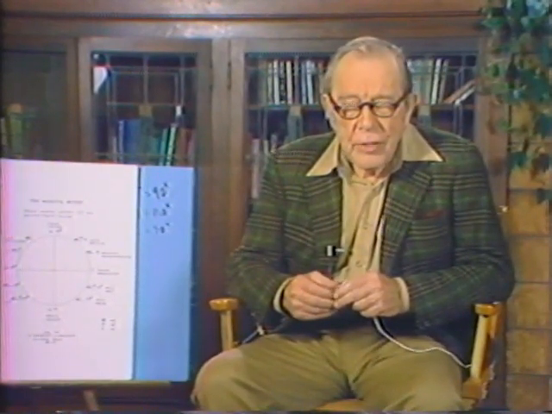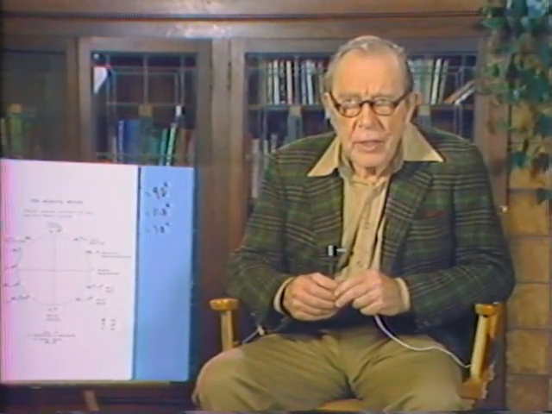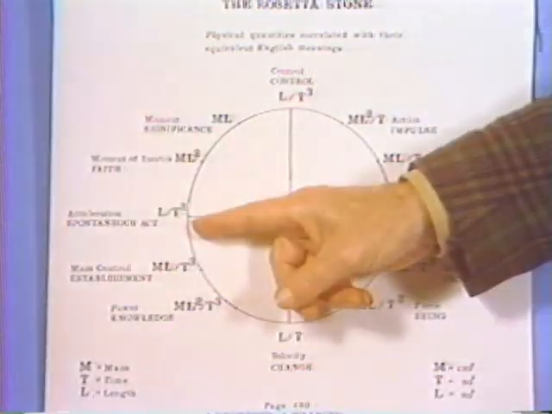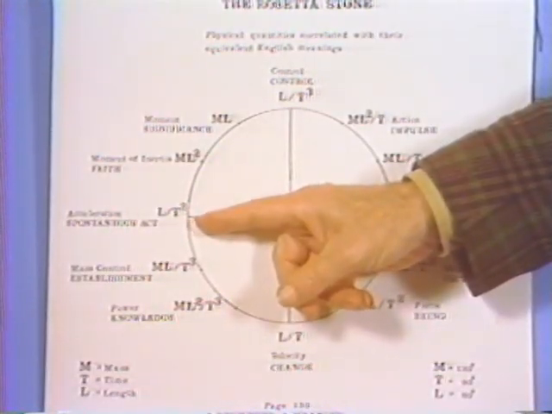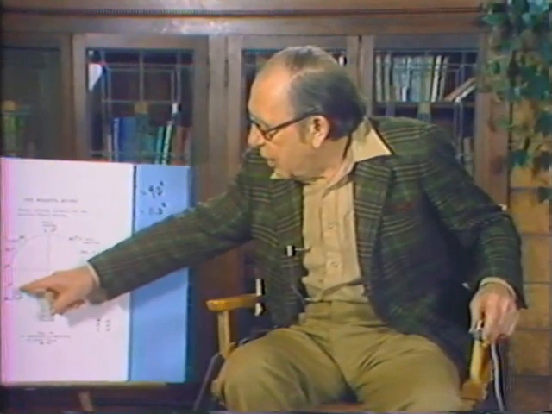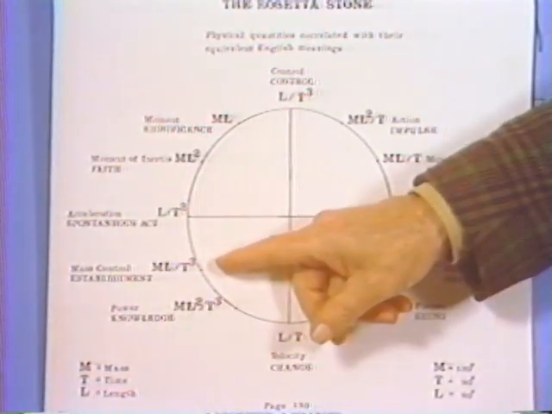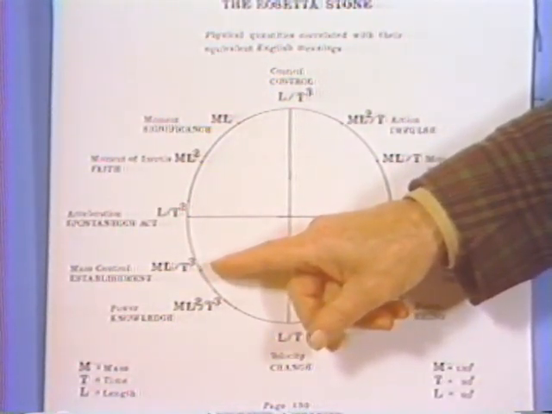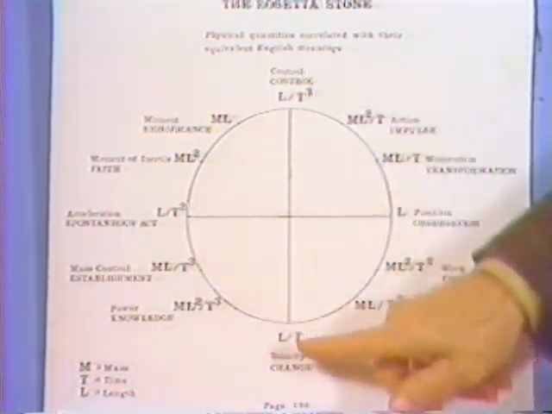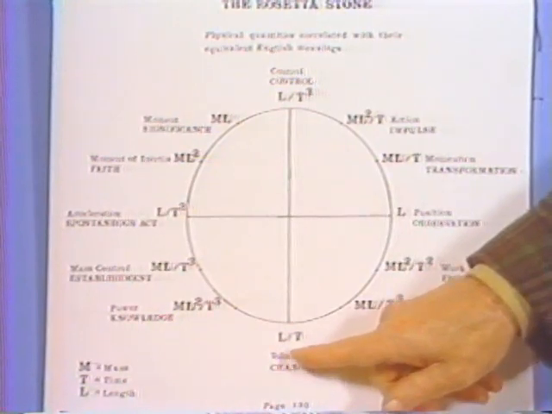And the simplest way to get into that is to think of the months of the year. This is spring, when the growing things burst into life, the first burst of energy of spring. And then as spring gets underway, things start growing, and by summer they're at maximum rate of growth.